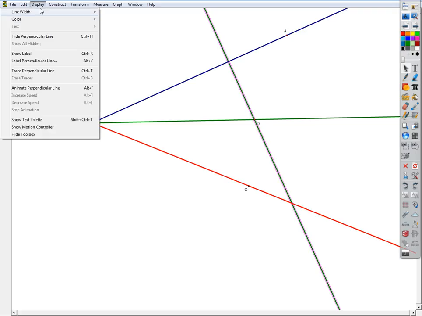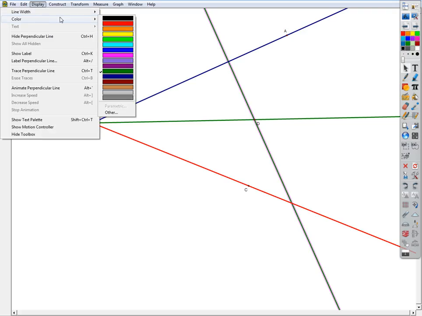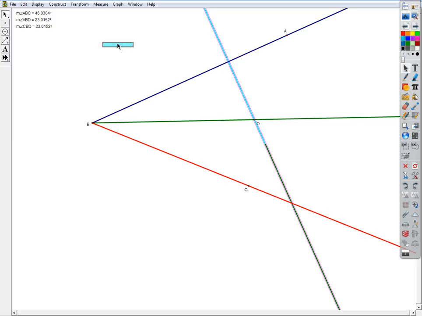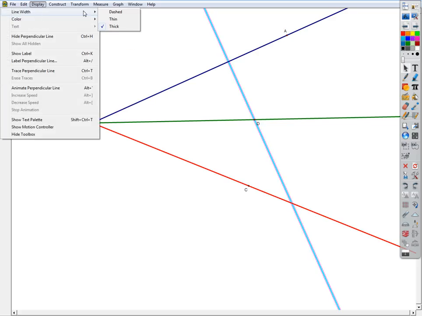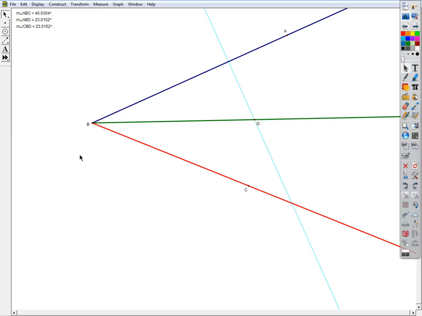And let's make it a really light color, and let's make the line really thin. Okay, so there's a perpendicular. Now let's find the point of intersection. Right there. And let's label that. So that's point E.